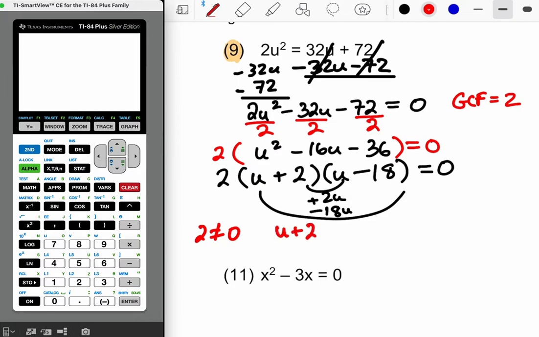U plus 2 could be equal to 0. U minus 18 could be equal to 0. We solve both of those for the variable, and we get u is equal to negative 2, or u is equal to 18. And again, that 2 in the front doesn't contribute to the solution.